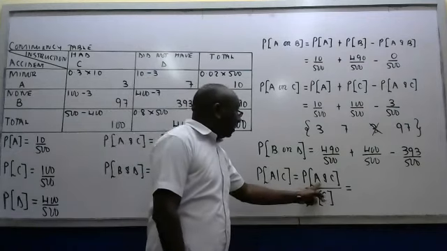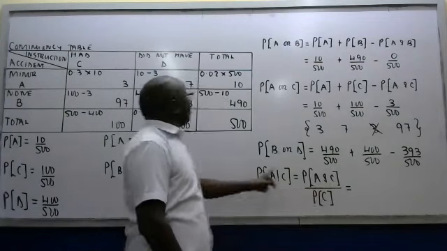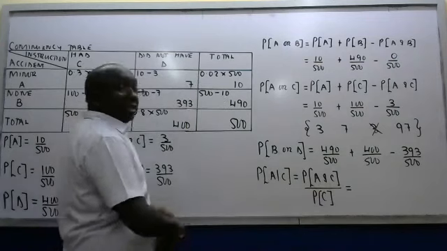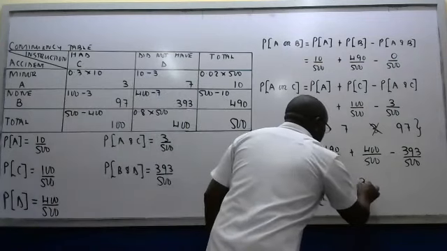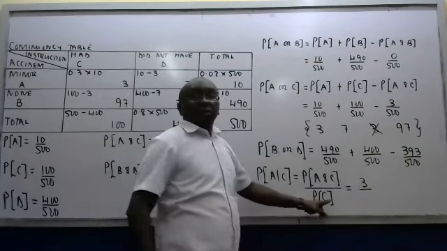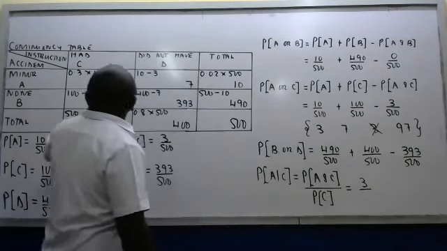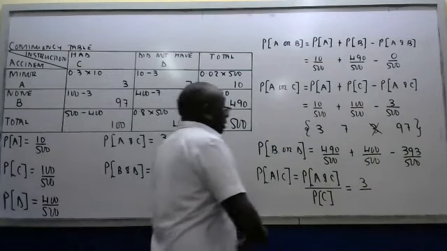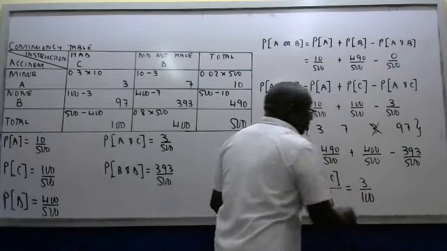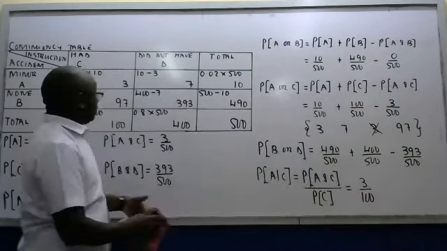You go where there is A and C, where they meet. A and C, they meet at 3. And then you get the value of C. All of C is what? 100. All of C is 100.